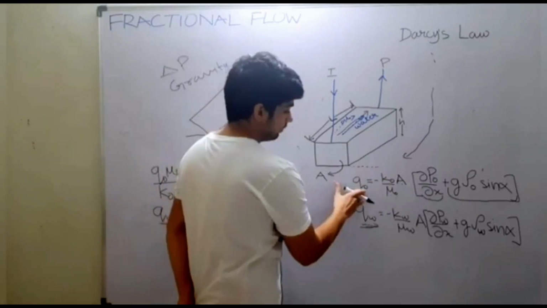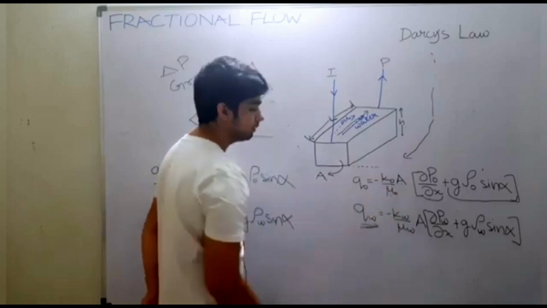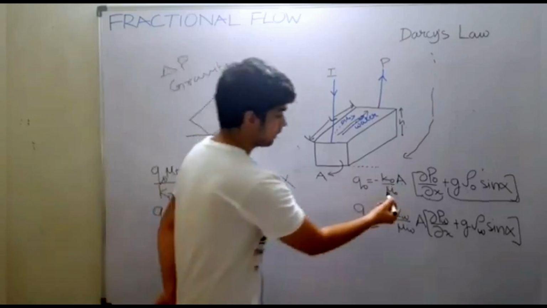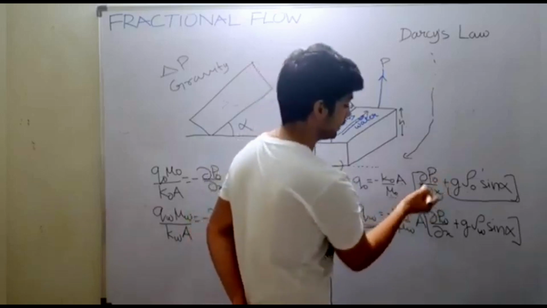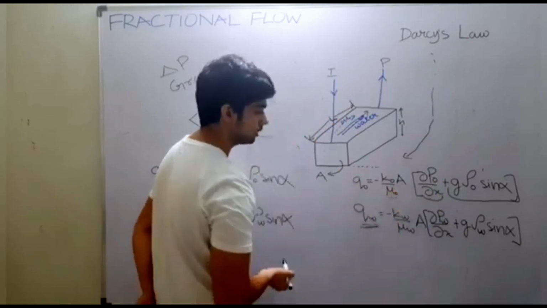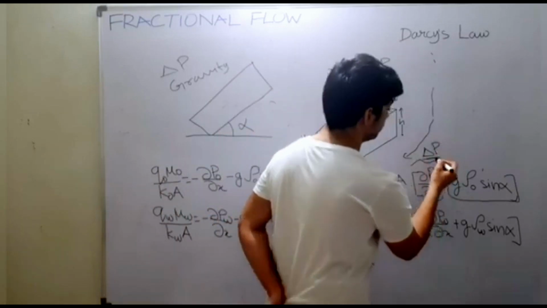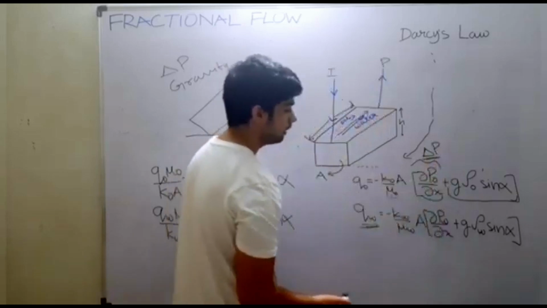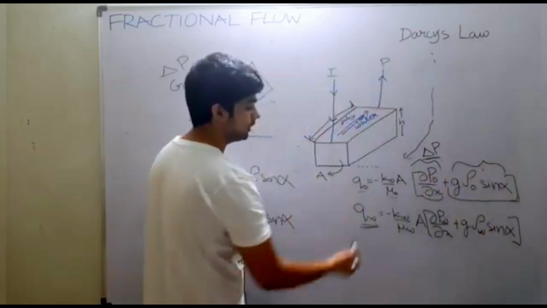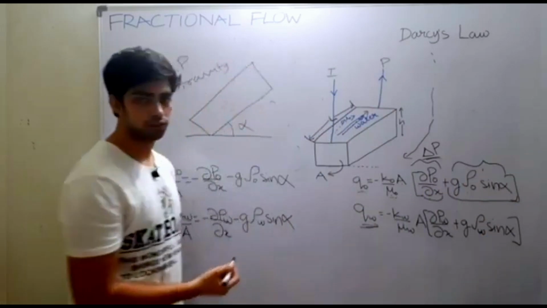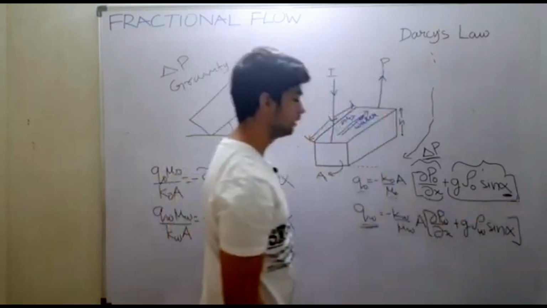So Qo here is given by minus Ko by mu o into A. Ko is the permeability, the effective permeability of oil, this is the viscosity of oil, and this is the pressure differential in the case of oil, and A is the cross-sectional area, as I have told you. So this term defines the pressure differential, and this term defines the development of flow rate due to change in potential difference, and alpha is your dipping angle.